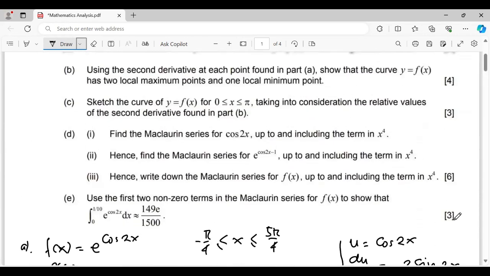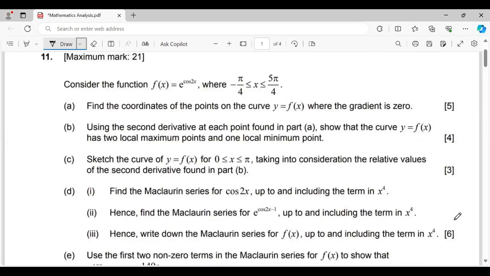Next, part B. Using the second derivative at the points found in part A, show that the curve y equals f(x) has 2 local maximum points and 1 local minimum point.